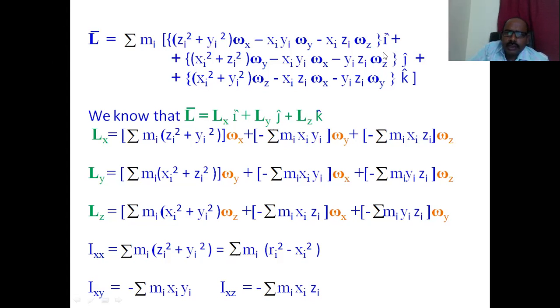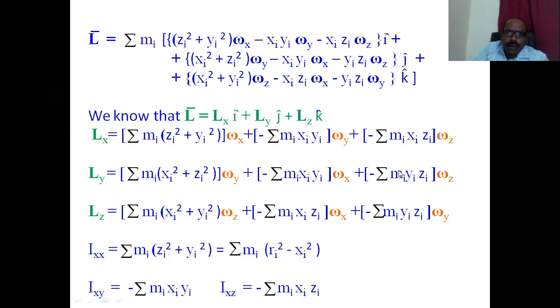On both sides there are vectors i cap, j cap, k cap, and by equating the coefficients of i cap, j cap, k cap on both sides, we are getting these relations. Here it is written Lx, Ly and Lz.